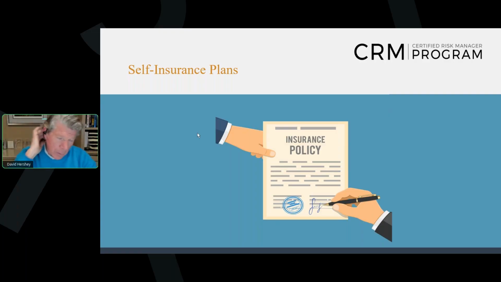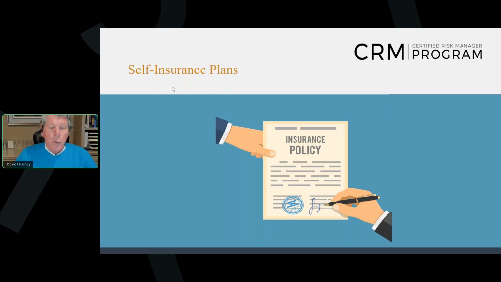Great. Okay, so let's talk a little bit about self-insurance plans. Now, if you recall, earlier on, we were talking about guaranteed cost, dividend plans, slides, small deductible, large deductible, retro plans, and that ever so common phrase, having skin in the game.